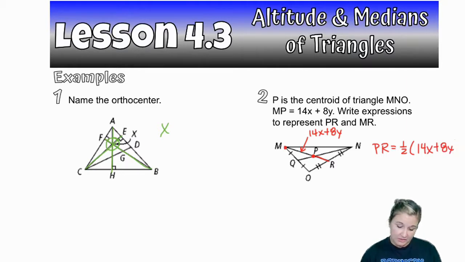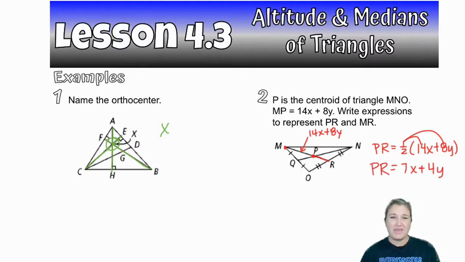Then distributing that to both of those coefficients, I'm going to have 7x plus 4y. That is the expression that represents PR. If I had a value for x and y, I could plug it in, but I don't have a value, so I'm just leaving it there. So that's part of it.